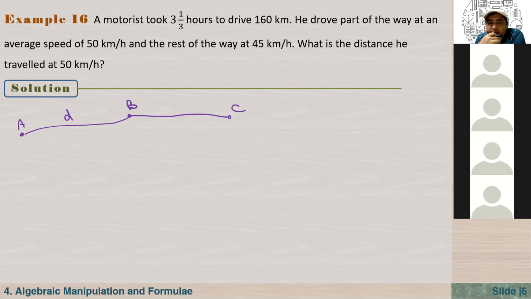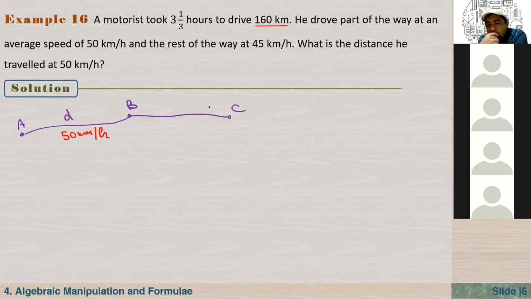If the distance between A and B is d, where actually he traveled this actual distance at what speed? At 50 kilometers per hour, right? And the total distance he traveled is 160 kilometers. Now the question is, Ayan, what is the distance between B and C?